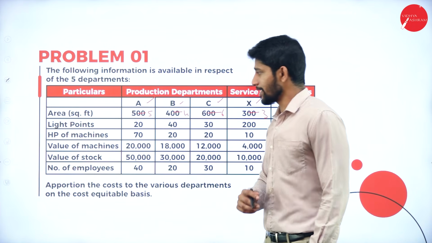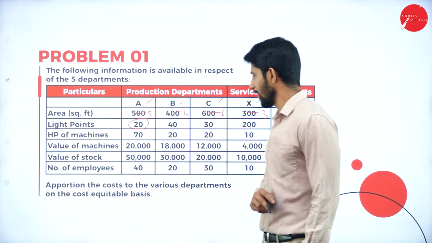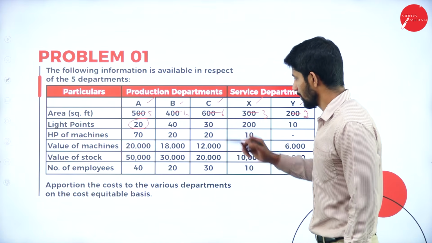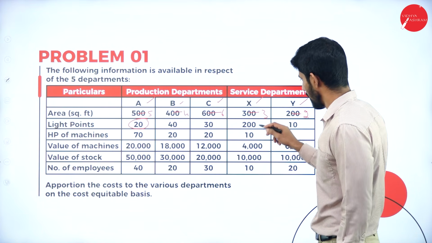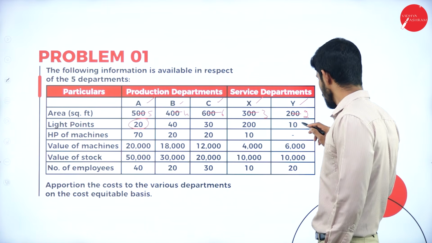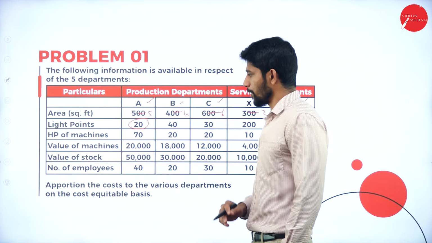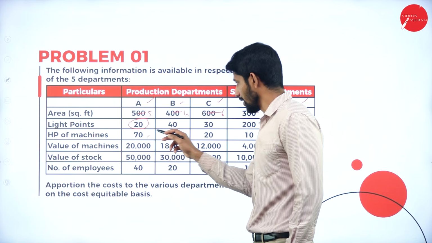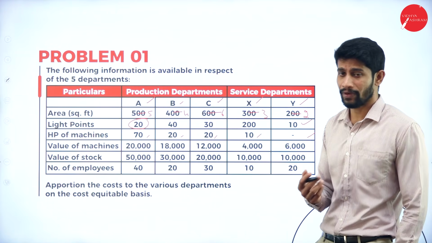Next, light points. In production department A, they have 20 light points. Here they have 40 light points, and in production department C, 30 light points. Service department X has 20 light points, and Y has 10 light points. Next, HP of machines: 70, 20, 20, 10 and service department Y is nil.